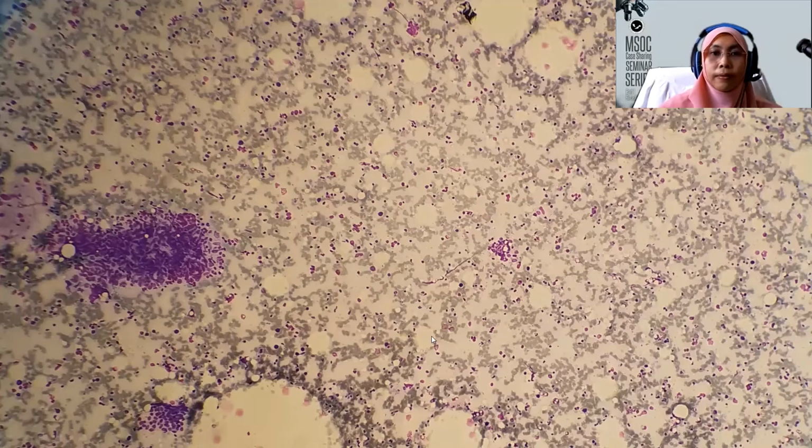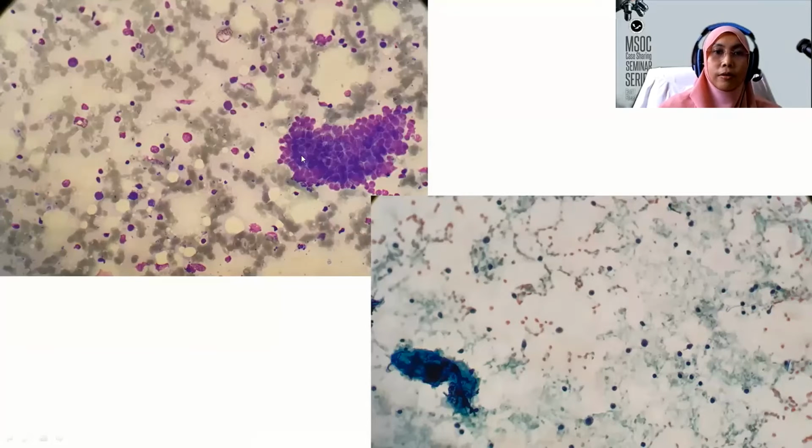Okay. On higher magnification, this is another aggregate of probably ductal cells or probably not, but it doesn't look like typical ductal cells. Usually we can see myoepithelial cells and usually it is organized, but this one is not. If you look at the background cells here, there are quite significant numbers of larger cells.